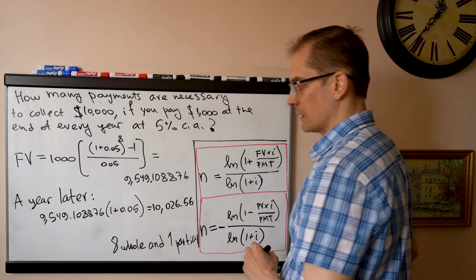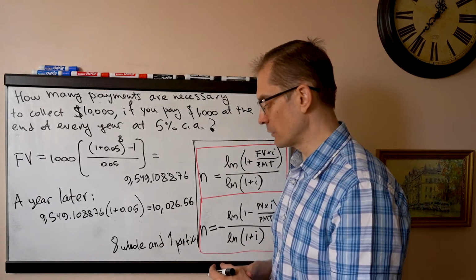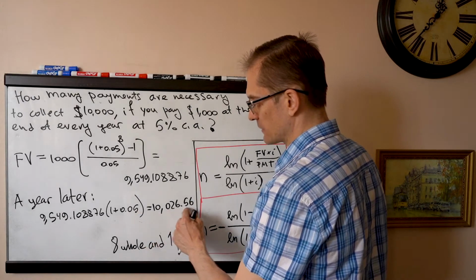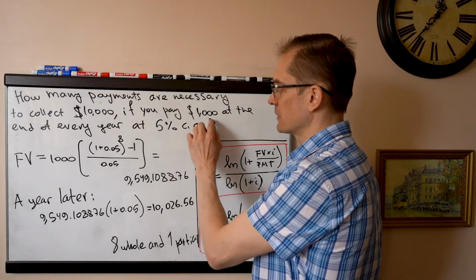See? So a year later, which is at the end of 9 years, you will have in your account 10,026.56.